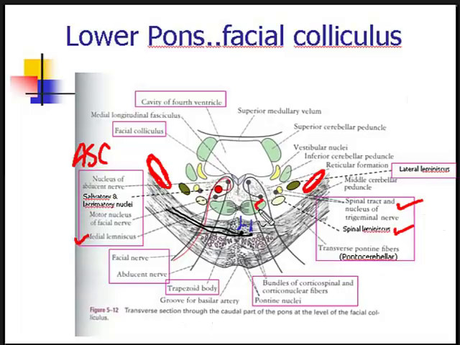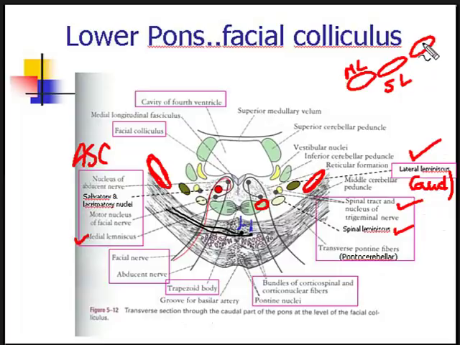This is the spinal lemniscus. And then we have the addition of this lateral lemniscus. That lateral lemniscus begins to get formed over here, and this is the auditory pathway. So you can see the lemnisci are lined up together. So we have the medial lemniscus, then the spinal lemniscus, and then the lateral lemniscus. That's why they're named. This is lateral, this is medial.